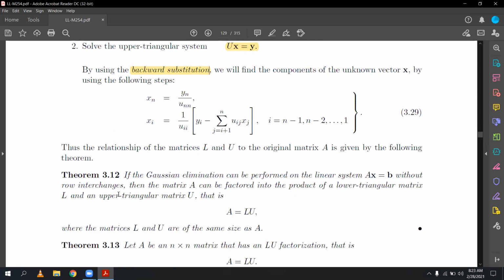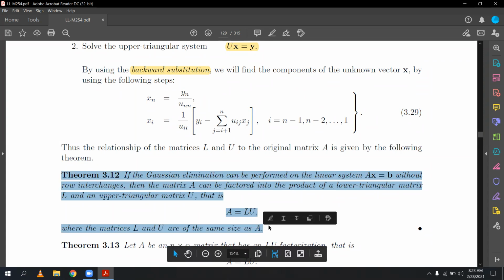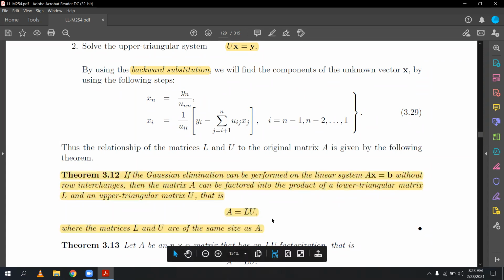Now, this is a very good theorem: LU decomposition is not always possible. LU decomposition is possible only when this theorem holds. And what is that? It says that if the Gauss elimination can be performed on the linear system without row interchange, meaning you use the simple Gauss elimination method. And in the simple Gauss elimination method, as I told you, maybe the diagonal element becomes 0.